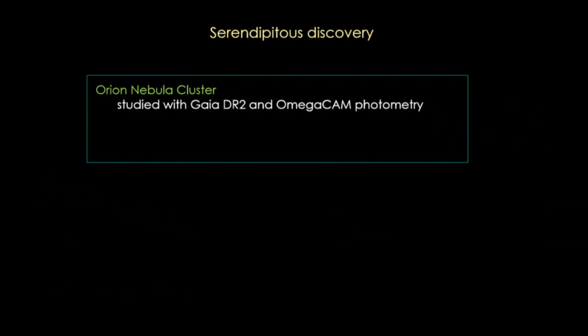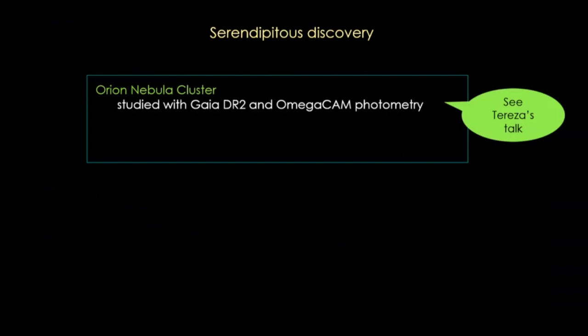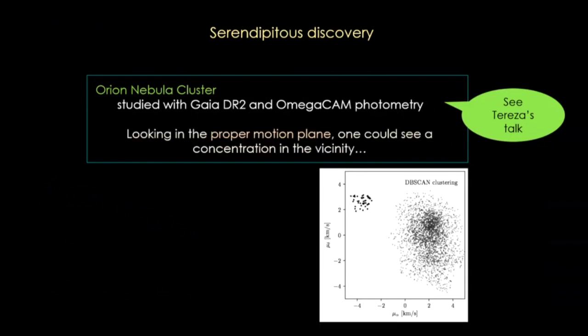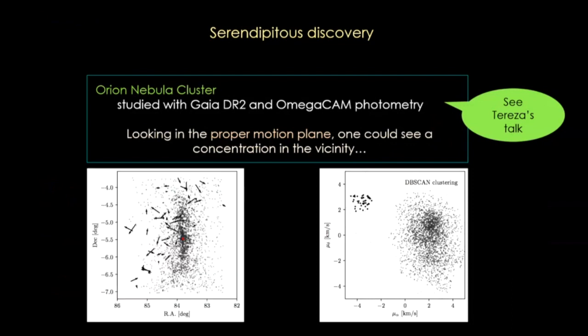This is the Orion Nebula Cluster, which was studied with Gaia DR2 and this OmegaCam survey; you will hear more about that in Teresa's talk. When we looked into the proper motion plane, shown here in alpha and delta, in the ONC region we could see a little cluster there. When we look on the sky, it appears very spread out and not at all compact.